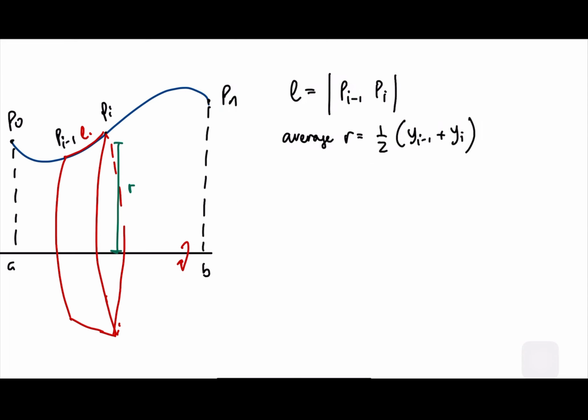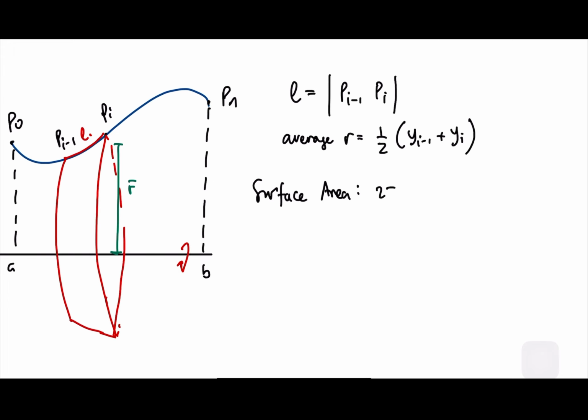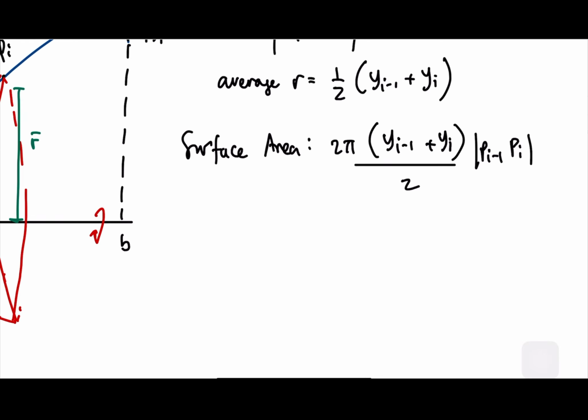Now the surface area, based on the frustum approach, will be 2 pi times the radius, divided by 2, and L will be from the distance of P(i minus 1) and Pi, right? Now based on the previous arc length, we can input the arc length equations.